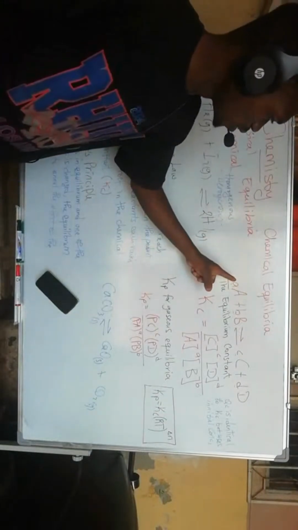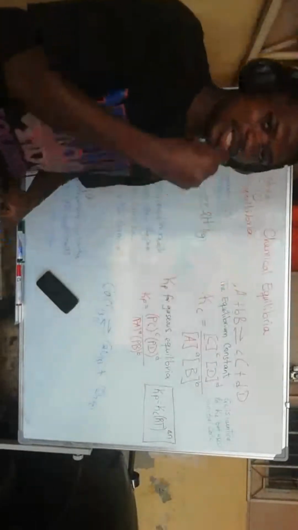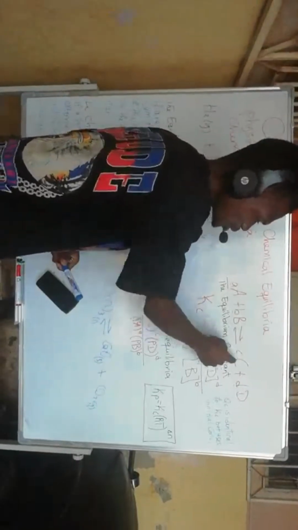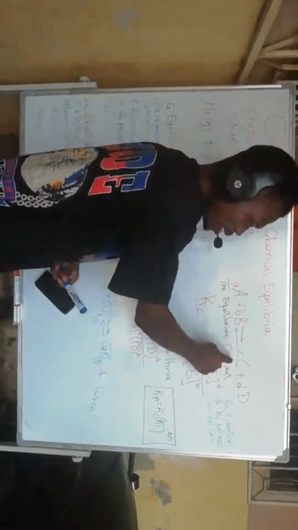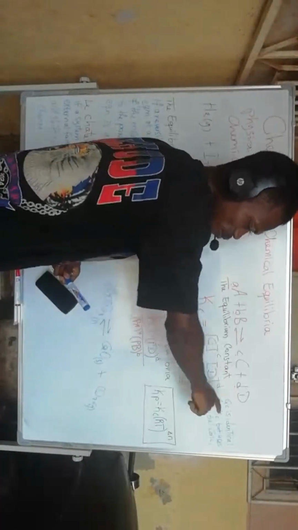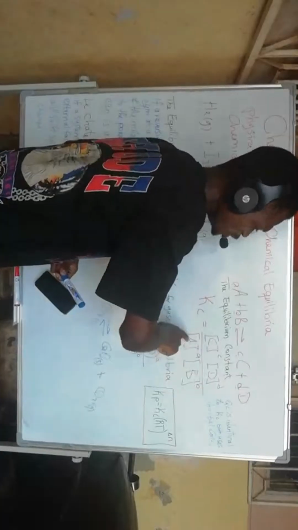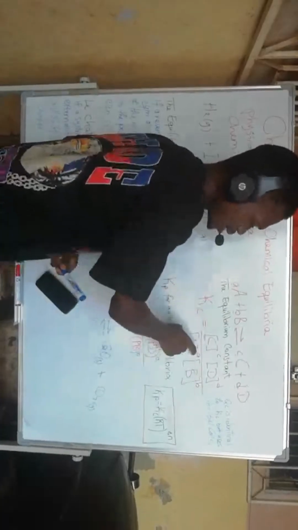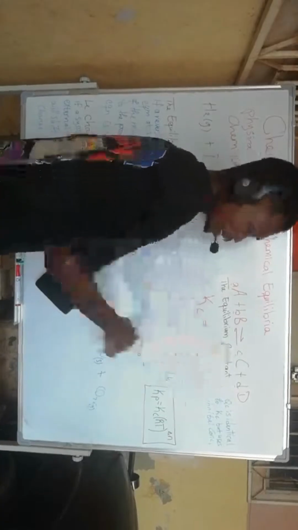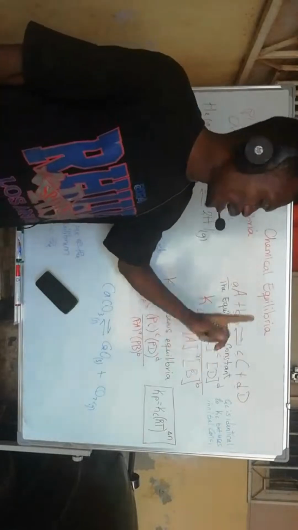So the coefficient of A being small a, B being b, and so on, just like that. Then the equilibrium constant Kc is the concentration of the products raised to its power times the concentration of the other product raised to its power. If there are 5 products, you will put them like that, divided by the concentration of the reactants raised to its power, the concentration of the reactant raised to its power, just like that. So you can see that A and B are your reactants here, C and Z are your products here.